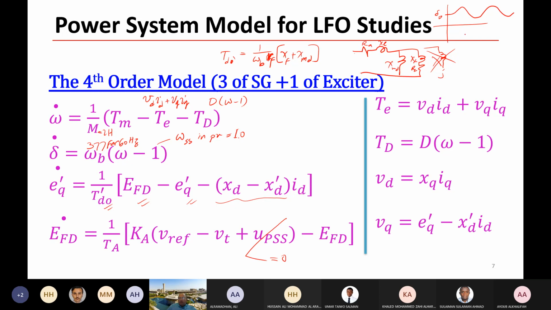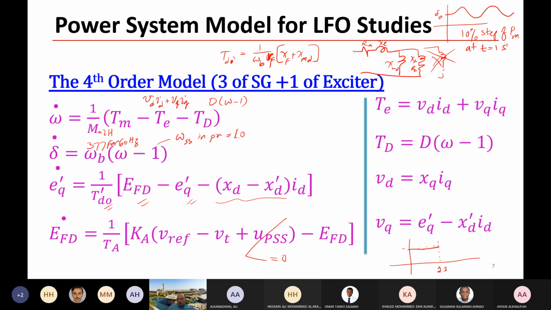For example, if you have a 10% step of mechanical power, can you simulate the system? Yes, we can simulate the system. If you have, for example, this 10% step of the mechanical power at t equal to 1 second, and you calculate the initial conditions of the system, there is no disturbance up to 1 second.